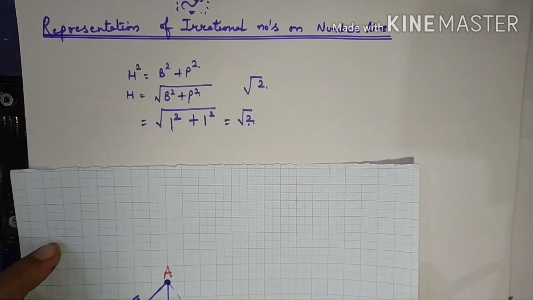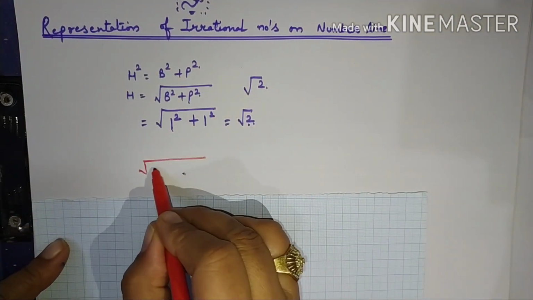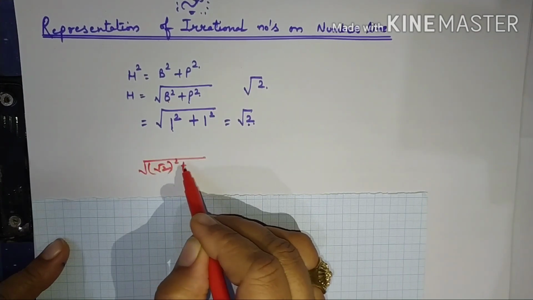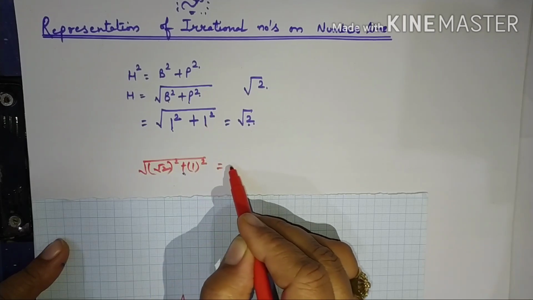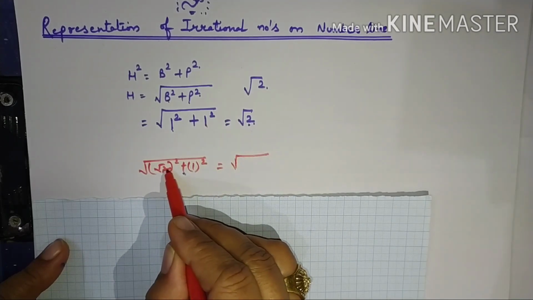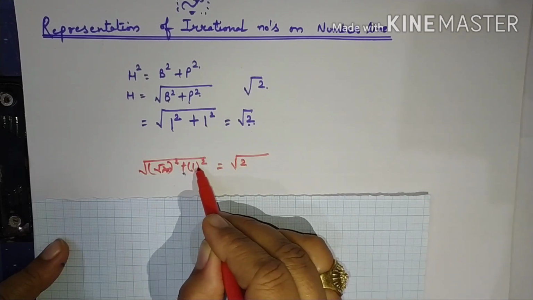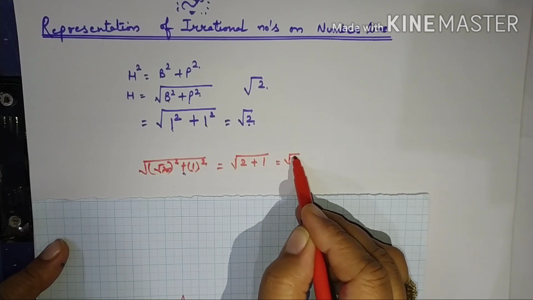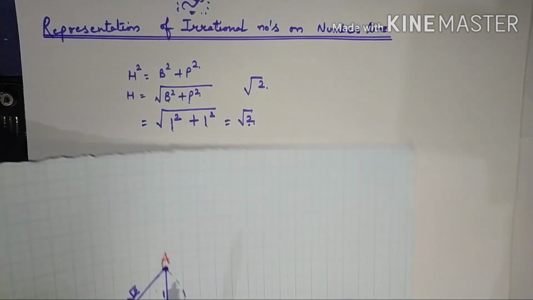If I take root 2 as the base and 1 as the perpendicular unit, root 2 squared is 2, plus 1 squared is 1, which means it will be root 3.